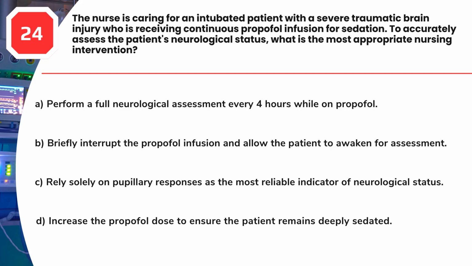B. Briefly interrupt the propofol infusion and allow the patient to awaken for assessment. C. Rely solely on pupillary responses as the most reliable indicator of neurological status. D. Increase the propofol dose to ensure the patient remains deeply sedated.